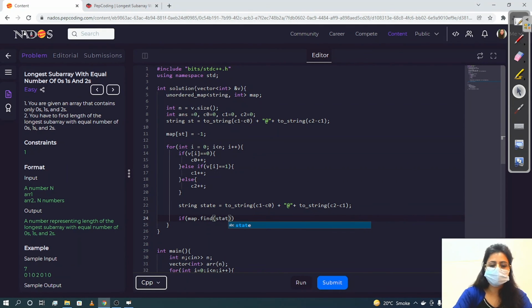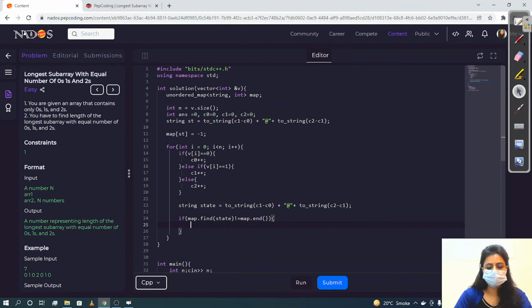Next, what we'll do, after we find the state in our map, if we find the state, not equal to map dot end, then we'll update our answer from maximum of answer comma i minus map of state.